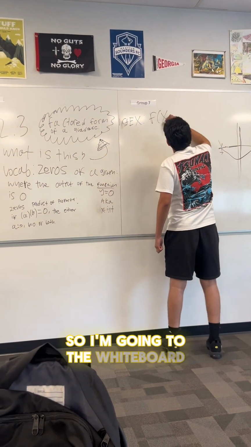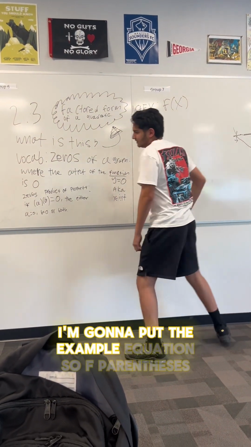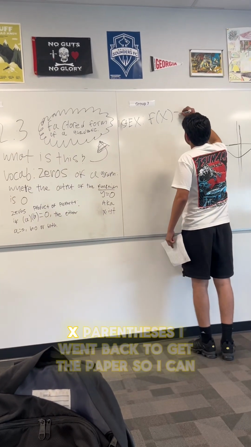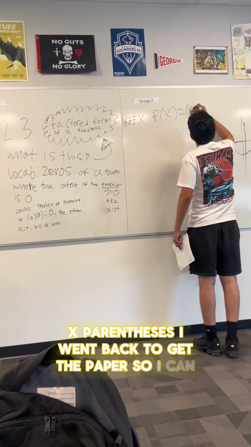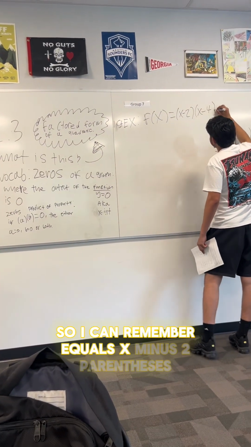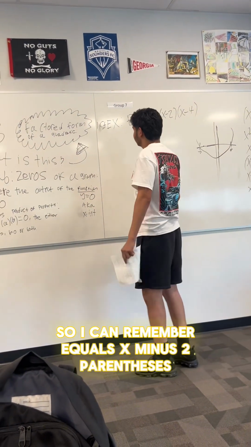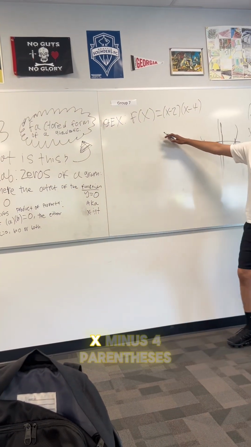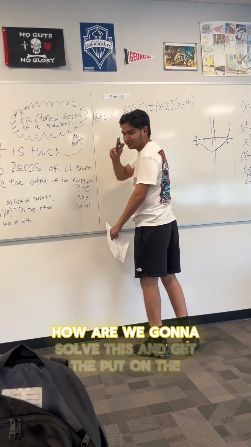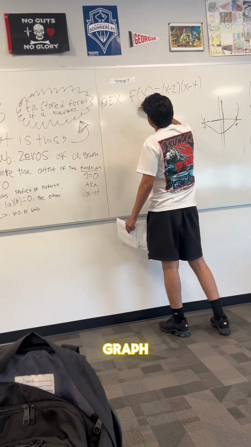So I'm going to the whiteboard. I'm going to put the example equation: f of x equals (x minus 2)(x minus 4). So how are we going to solve this and put it on the graph?